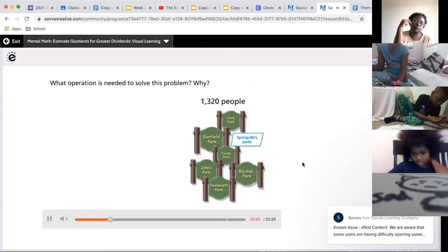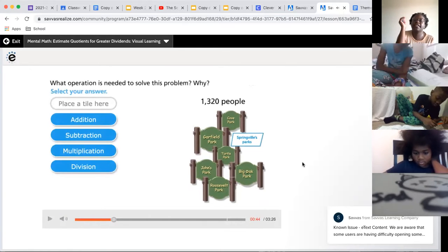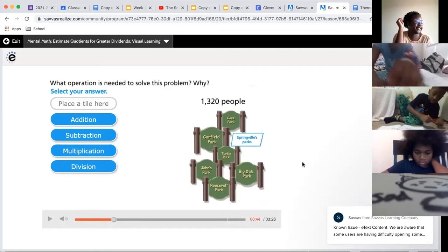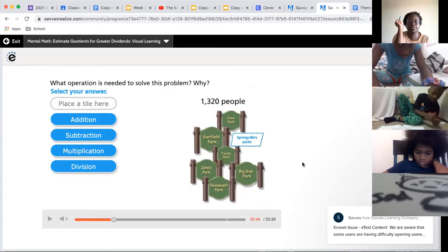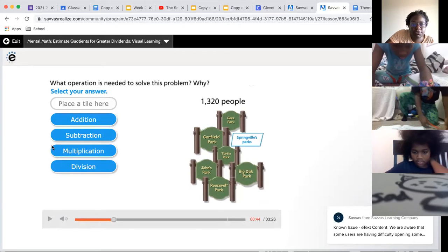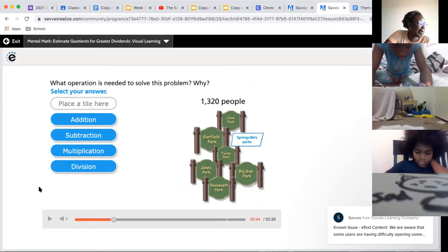What operation is needed to solve this problem? Is it addition? Are we going to be adding here? Nope. Subtracting? Nope. Multiplying?